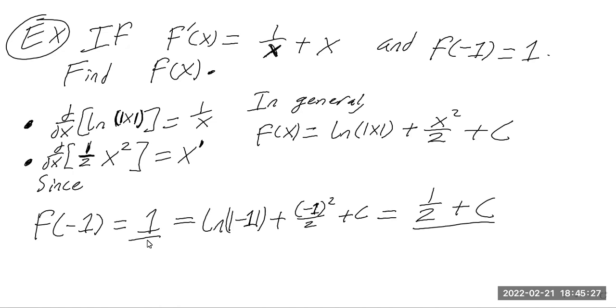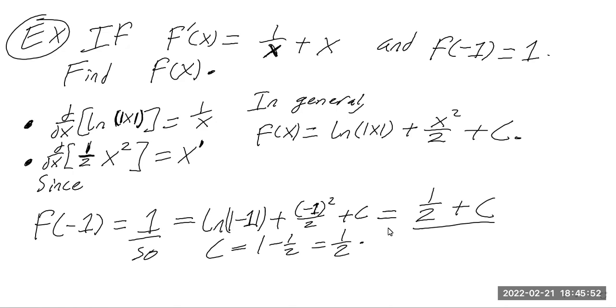Now notice that these two are equal to each other, and so C is 1 minus 1/2. Well, that's just 1/2. To be honest, I'd be fine if you gave me this work, personally, because you gave me the general antiderivative, and then you said, okay, C in this instance is 1/2.